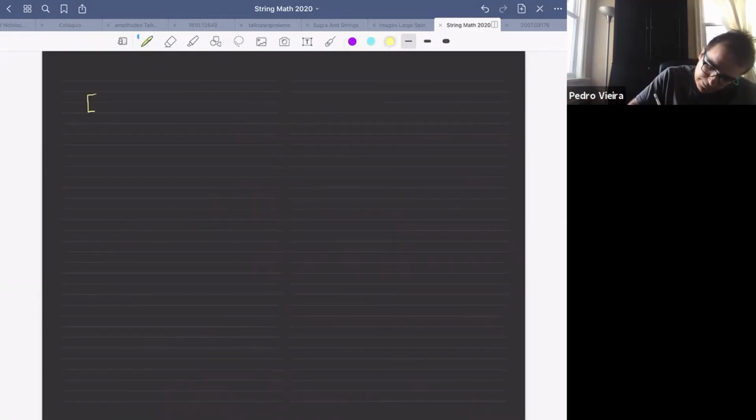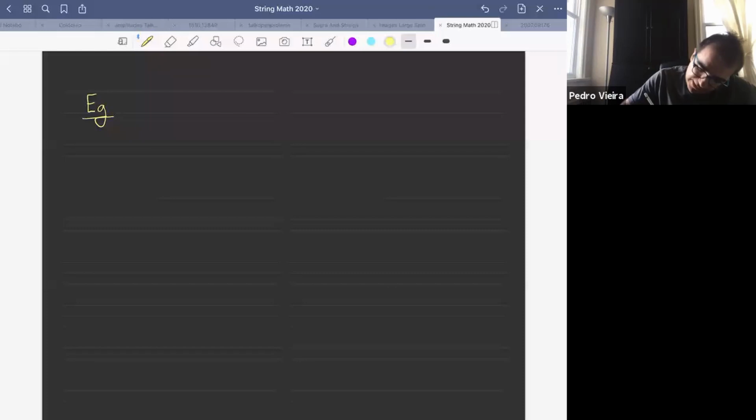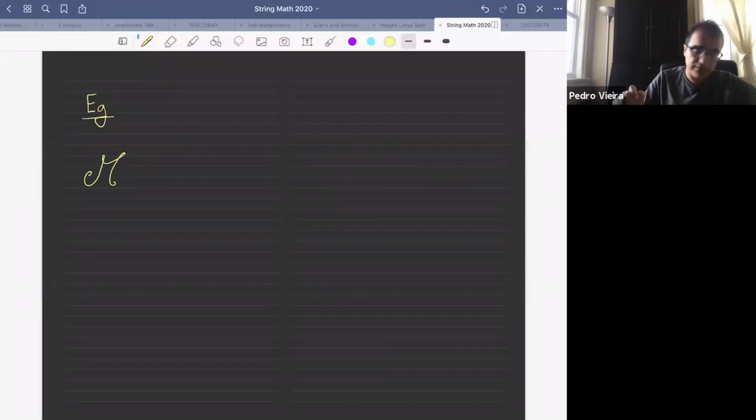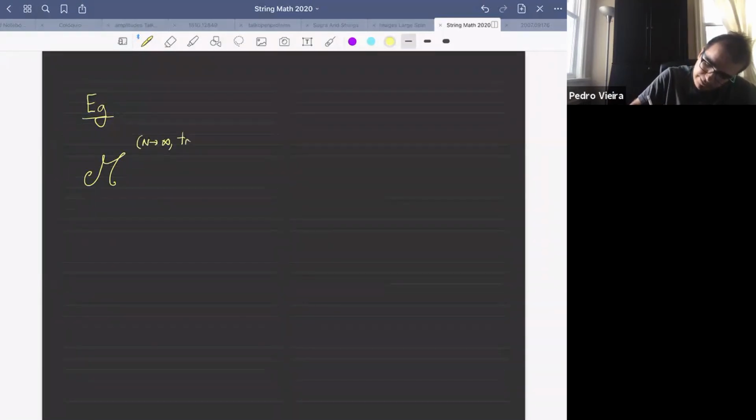Okay. So for example, let's do a sanity check of this. This Mellin amplitude has been computed by Rastelli and Zhou and Zhu at tree level, which means large lambda and N to infinity. So here N to infinity is the planar limit, at tree level and the leading power at square root of lambda.